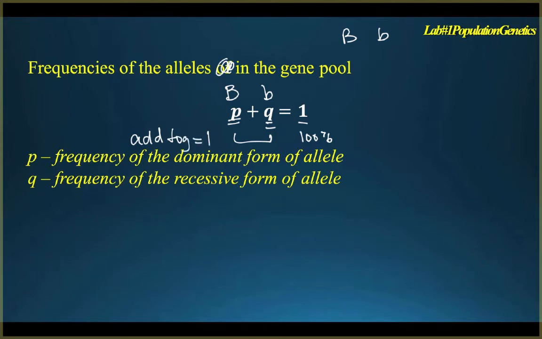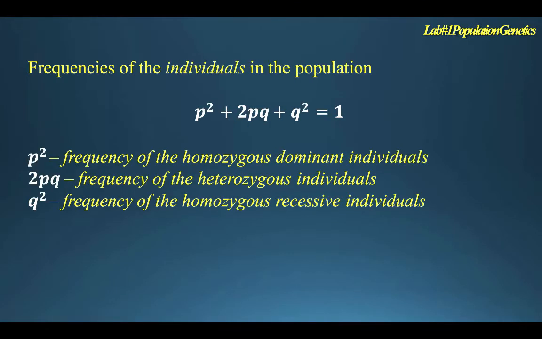This is just saying how many of this gene we have and how many of this gene we have in the full generation. Now, if you remember, we can have three forms of it: big B big B, big B little b, little b little b. So we're going to use the next equation to look at the frequencies of those. Here is the frequency of the individuals in the population.